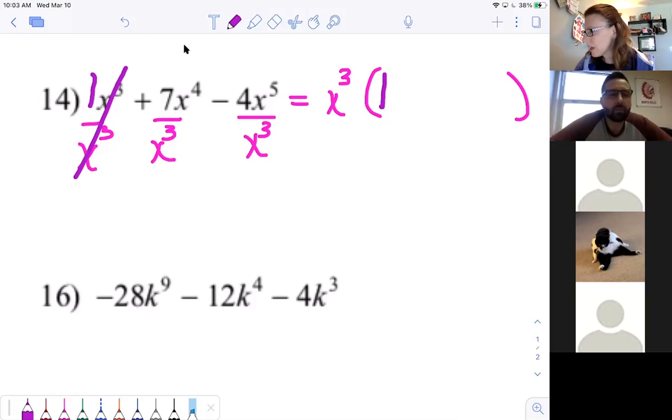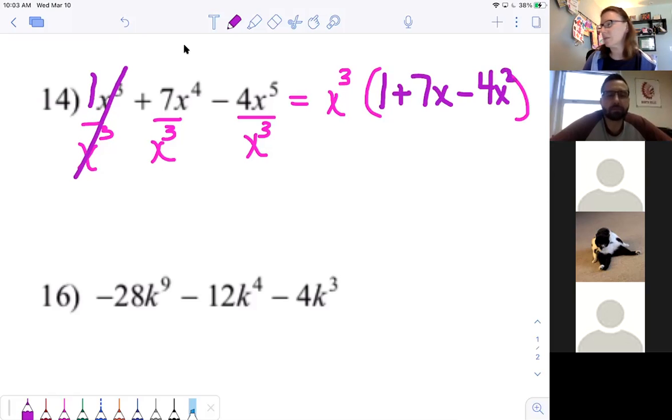And then, Haley, what would be the middle term? 7x to the 4th divided by x cubed. What's left there? 7x. And then the last one? Minus 4x to the second. Awesome. Nice job. And that one's special because of that x cubed totally canceling, but we still need to have a number in its place.